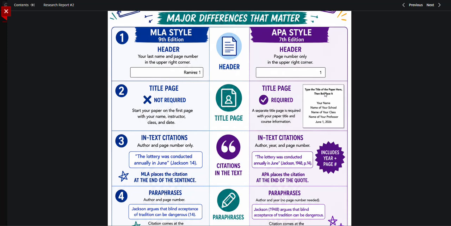In fact, all of the titles in APA are in bold, whereas they are not in MLA. You get points off in MLA if you do that, but you must do it in APA. Then you're going to skip a couple lines and put your name, the name of the school, the name of your class, which is English 1302, my name, and then whatever the date is.